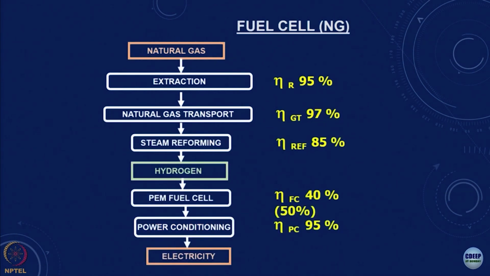In the case of fuel cell, let's look at natural gas having the extraction, then we have natural gas transport, and then we are using that natural gas in steam methane reforming to get hydrogen. That hydrogen is used in a PEM fuel cell, which can have efficiencies from 40 to 50%, and then you get electricity.